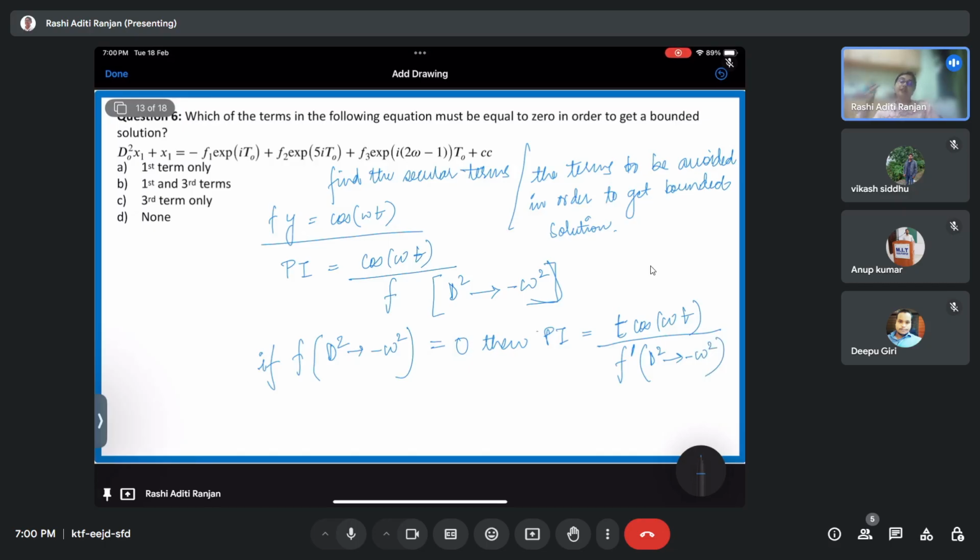We differentiate f. The differentiation of the denominator does not concern us now. The thing that concerns us is the numerator now.